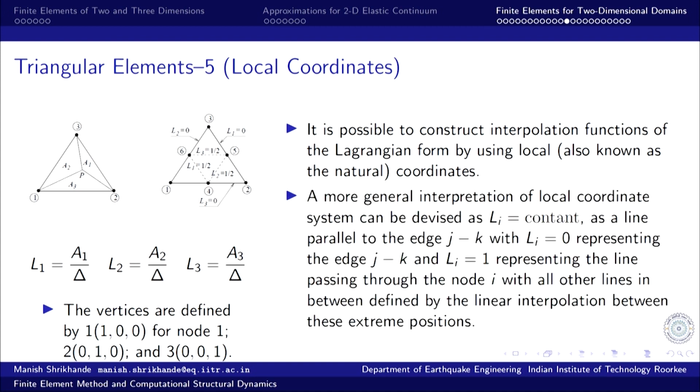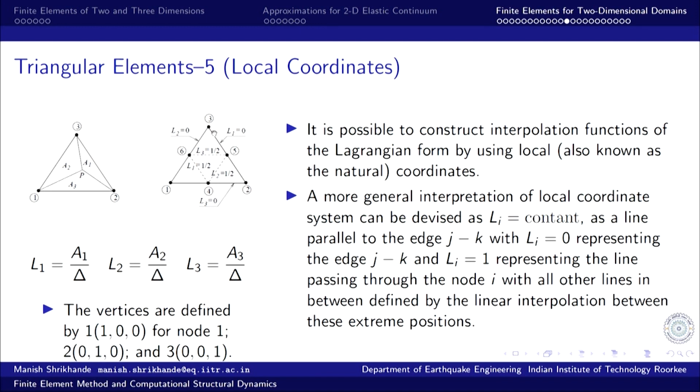A more general interpretation other than this area is that we look at it as a value ranging from 0 to 1. Let us look at L1. L1 is 0 along this edge, is not it. For node 2, L1 is 0, for node 3, L1 is 0.